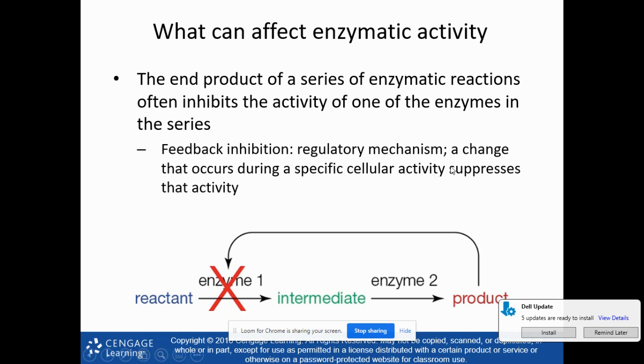Okay, in this instance, products will come and feed back onto this pathway and inhibit this particular enzyme so it prevents more product from being produced. Okay, sometimes too much of a good thing is a bad thing. All right, and so what happens is that it has evolved this process by which products will then feed back on an enzyme in the pathway, and inhibit it to slow the overall reaction down.